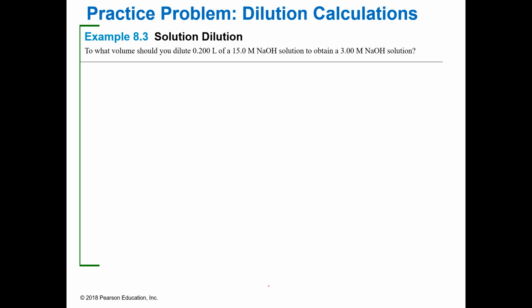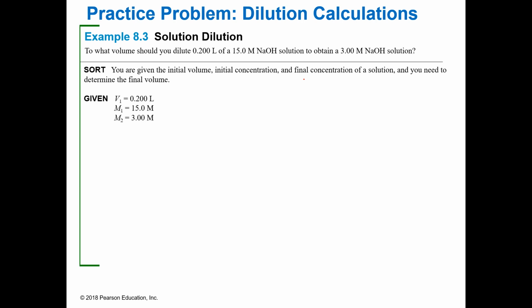Okay, so let's look at this example. Anytime I have a dilution, you're going to use M1V1 equals M2V2. To what volume should you dilute 0.2 liters of a 15 molar sodium hydroxide solution to obtain a 3 molar sodium hydroxide solution? So I have an M1, a V1, an M2, and I'm solving for V2.